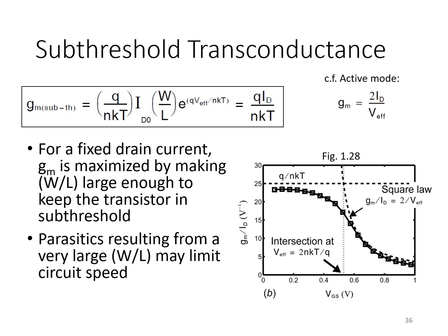For example, if you don't see this behavior at very low and negative values of V effective, this should flatten out at a value that makes sense around the thermal voltage. If you don't see that, then there's something wrong with your model. Maybe it's not modeling subthreshold leakage properly.